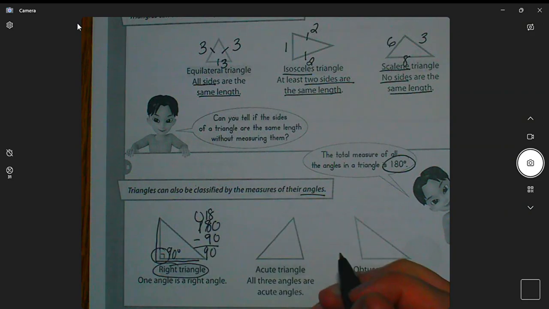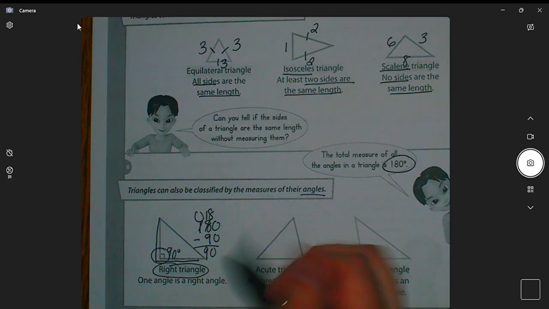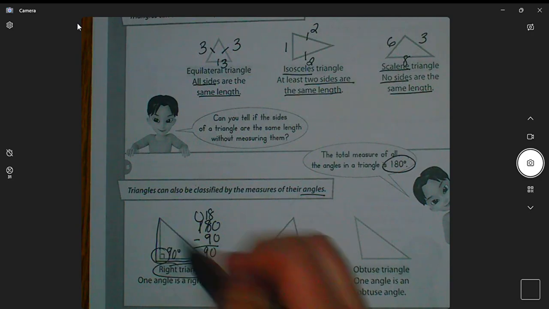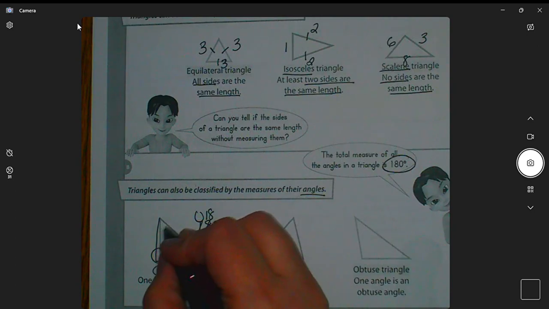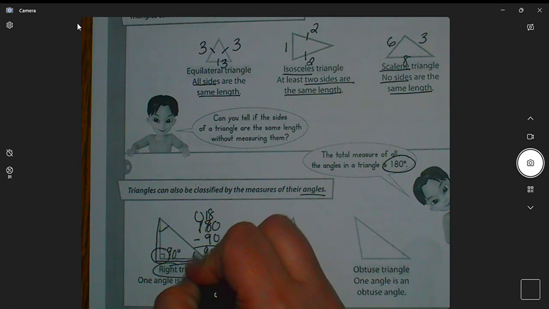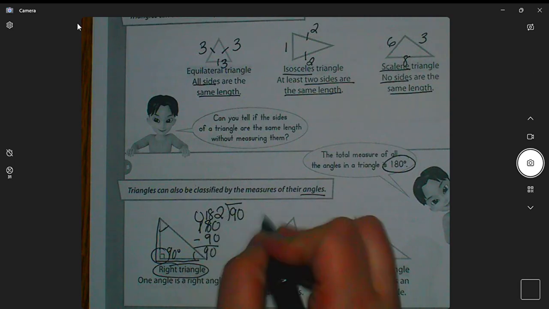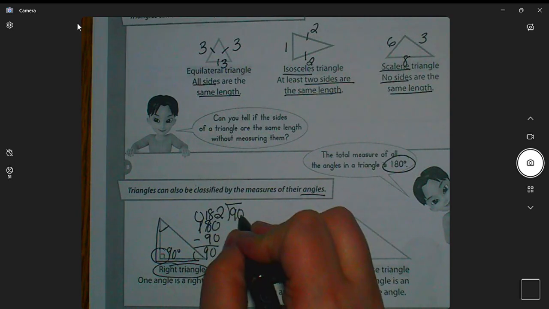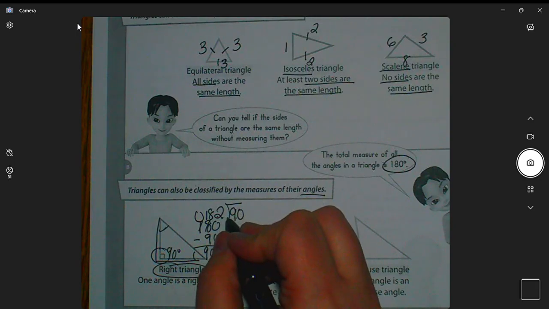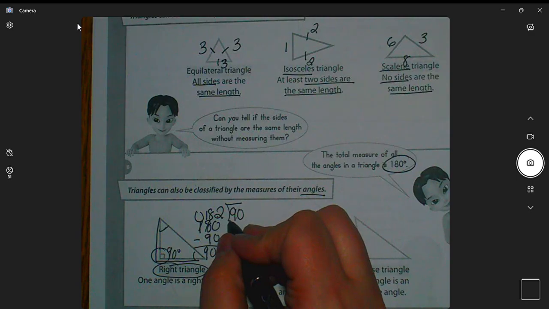And because I can see that these two angles are equal in size, I can say 90 divided by 2. 2 goes into 9 how many times? Yeah, 4.